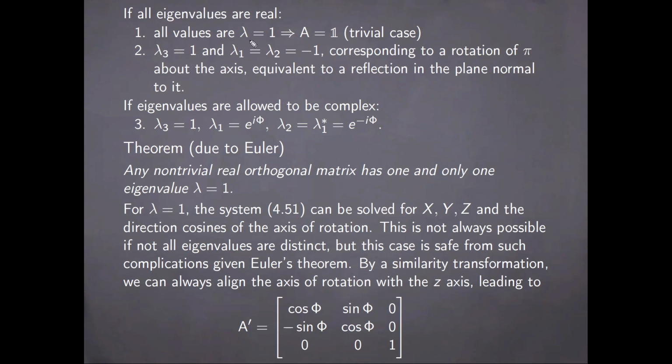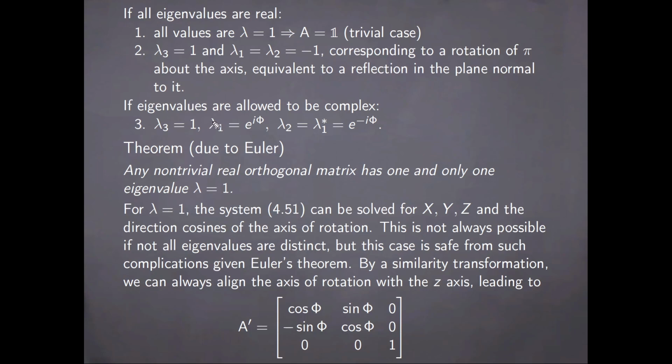Either all values are equal to 1, which leads to the transformation matrix being the identity matrix, which is just the trivial case, or one of the eigenvalues is equal to 1 and the other two are equal to -1, a case which corresponds to a rotation of pi about the axis, which is equivalent to a reflection in the plane normal to the rotation axis.